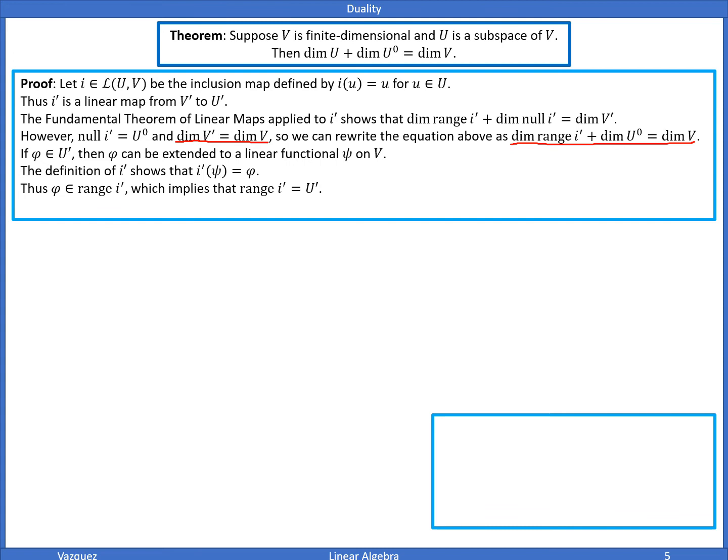Well, that the range of I prime is U prime. So the dimension of the range of I prime plus the dimension of the annihilator of U is equal to the dimension of V, and therefore the equation above becomes our desired result.